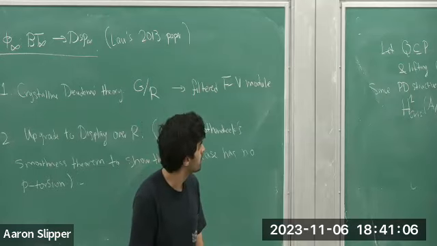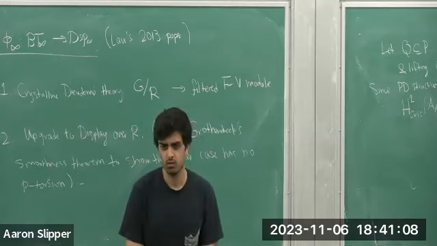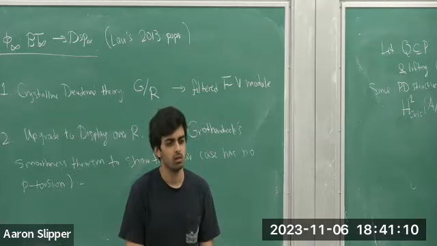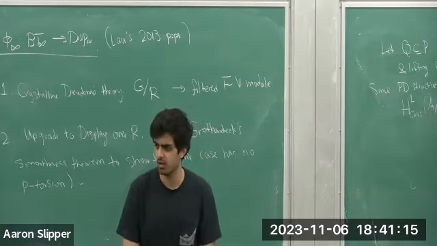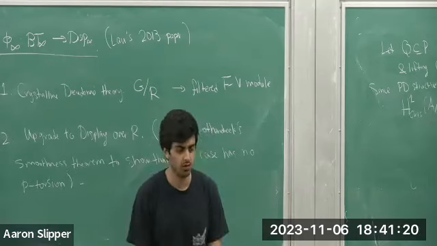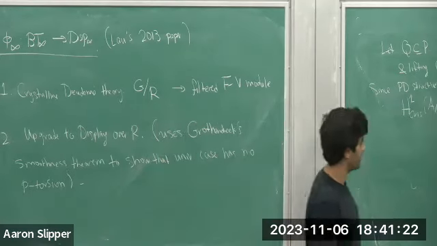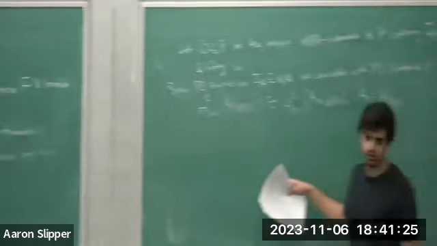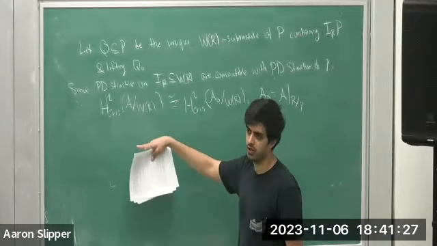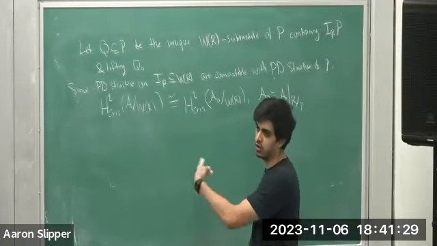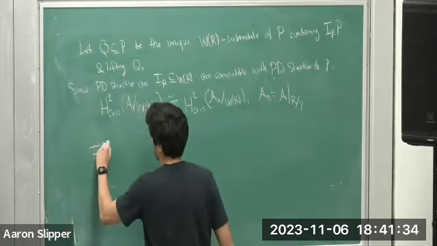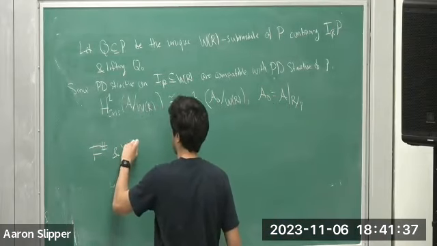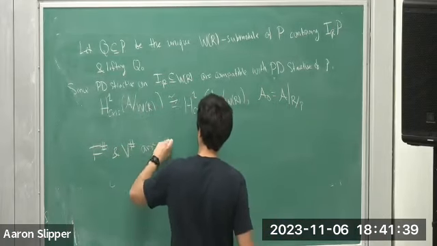No, maybe I'm just sorry. Yeah, I'm not sure. It doesn't seem to me like it's implying that, but I'm also not super familiar with that. I think the point of doing this is because we want to define F and V, and so we want to induce them from the F and V on the special fiber, mod P.